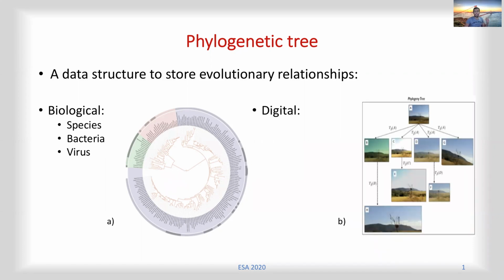On the other hand, in the digital phylogenetic tree, each node represents a data object such as a computer virus, a text file, or a document, or a multimedia object such as an image or a video. And the relationships show how these objects have been edited, compressed or corrupted.